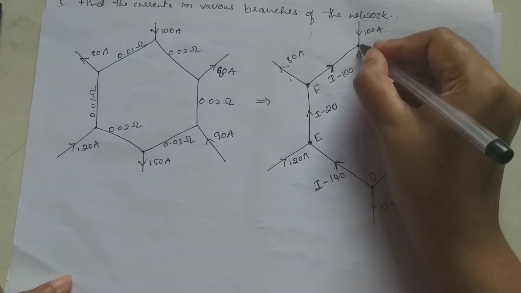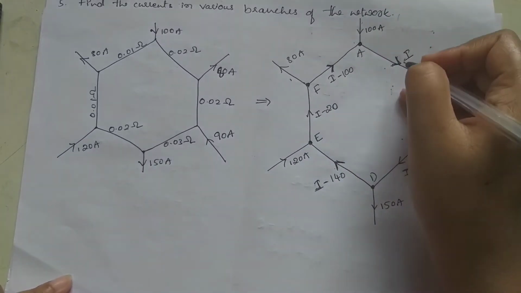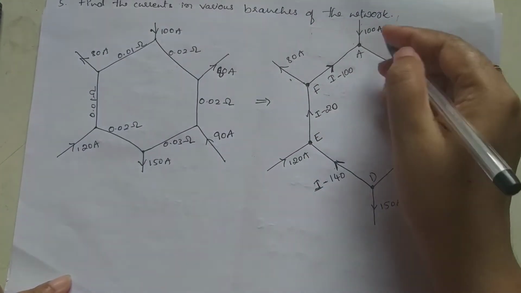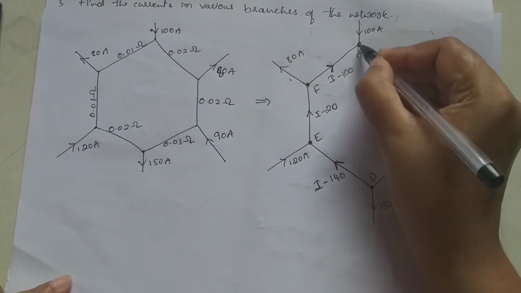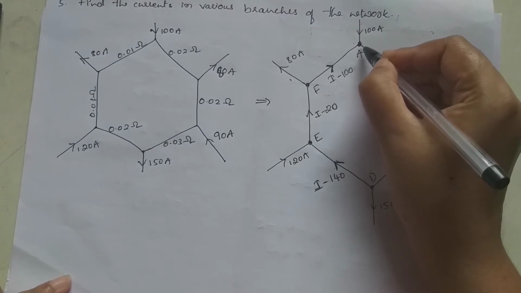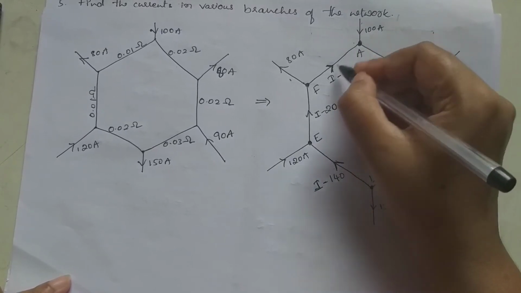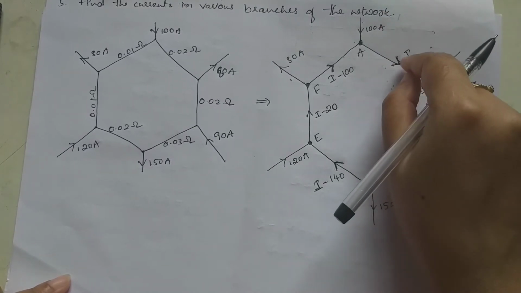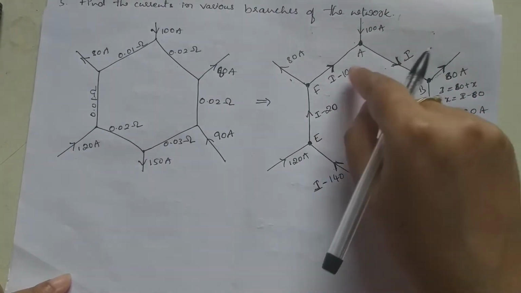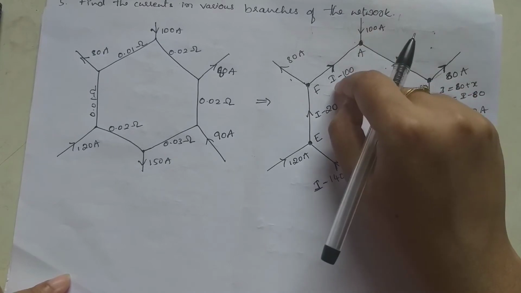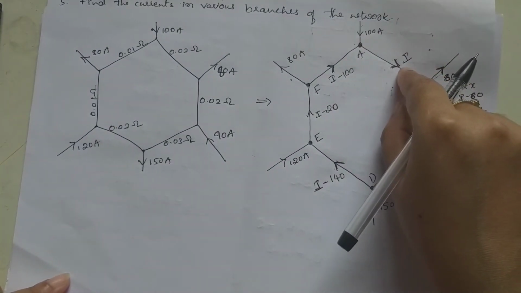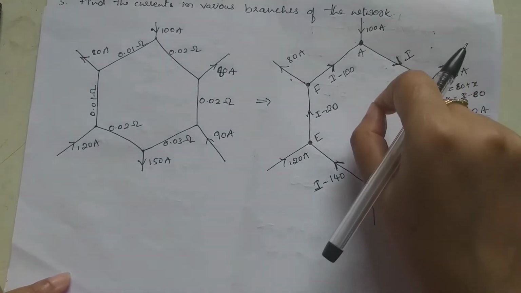When you apply KCL at node A, you have to get I, then your assumptions are correct. Two currents are incoming and only this current is outgoing, so I minus 100 plus 100 is I. So our assumptions are correct.